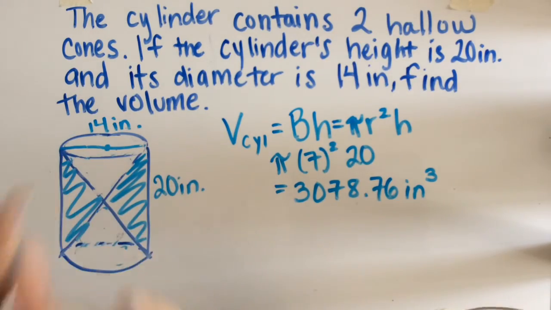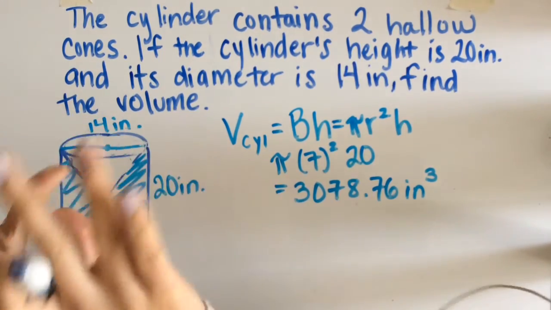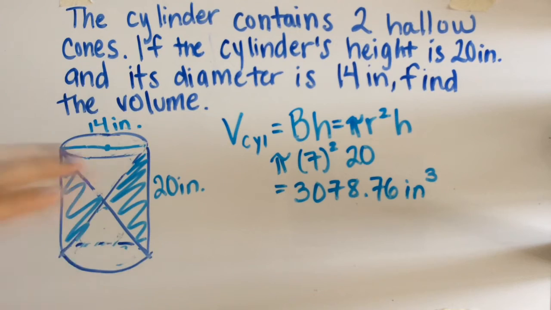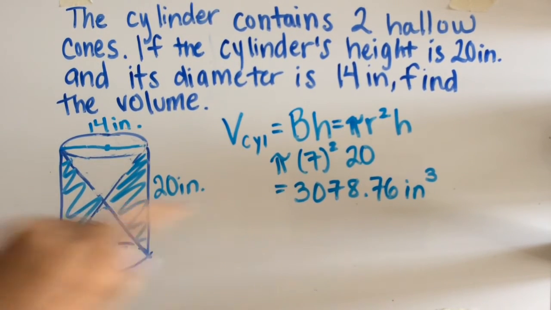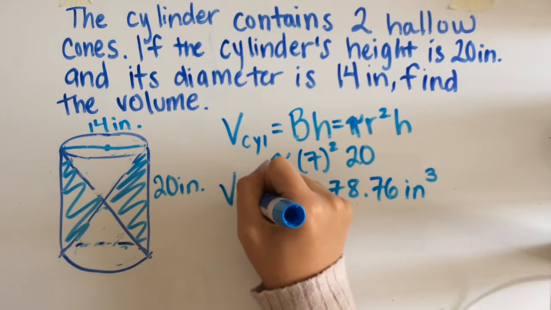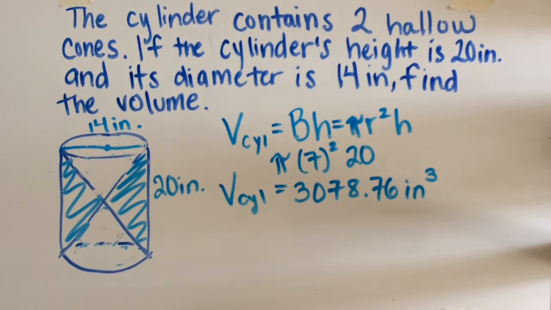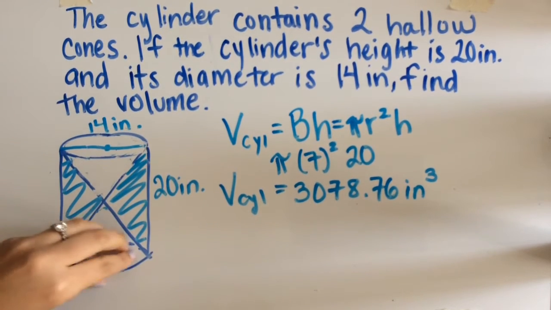If it were not only taking up the space of the shape on the outside, but if it were full of something on the inside, okay? This whole cylinder's volume is that. So the volume of this cylinder is 3,078.76 inches cubed.